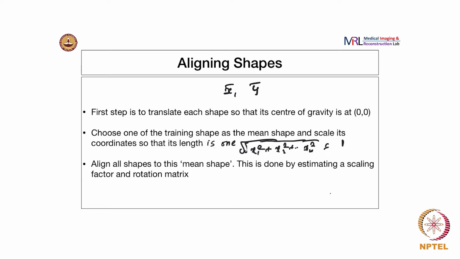Okay. So you want to do a normalization like that. What we are doing here is scaling the shape, so take the scale factor out. Okay. And the last step is to align all the shapes to this mean shape.